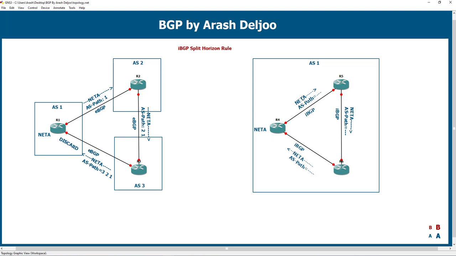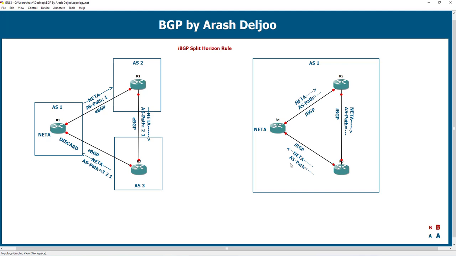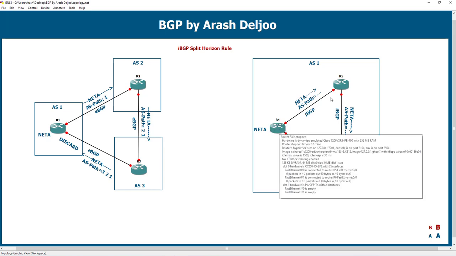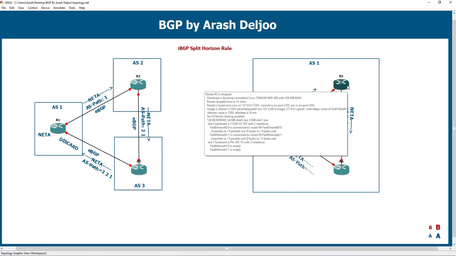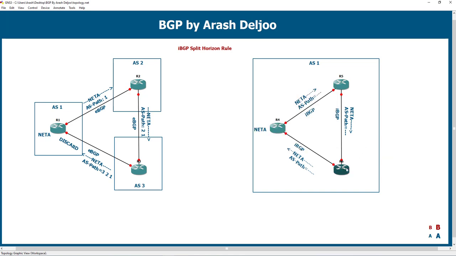R4 doesn't know that this update was generated locally, so it accepts it and sends it again to R5. Then R5 sends it to R6, then R4, then R6, R5, and so on.